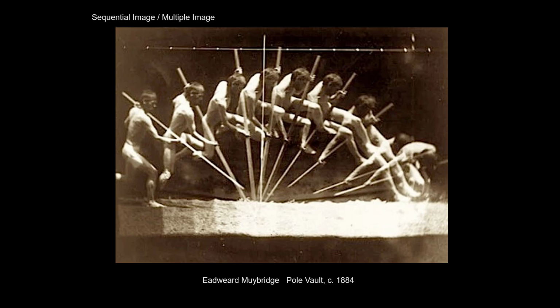We can also have what's called a sequential or sometimes called a multiple image, and that's what we're seeing with this Muybridge photograph, where I'm seeing every aspect of how a motion takes place. So it is all the little stops along the way. Think of this in terms of comic books.